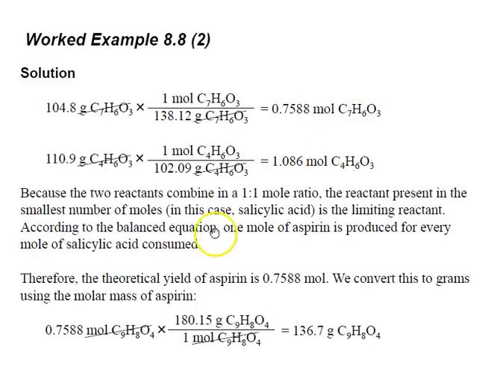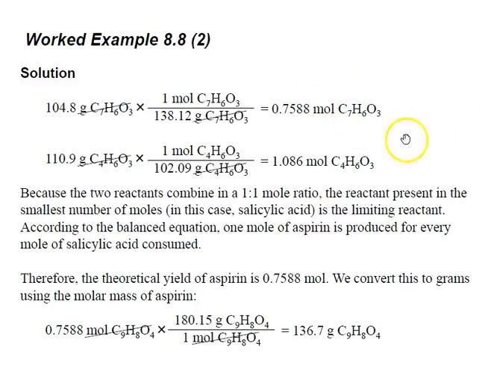According to the balanced equation, 1 mole of aspirin is produced for every mole of salicylic acid consumed. So it's real easy to go from moles to moles in this case, right? Therefore, the yield of aspirin is 0.7588 moles. So we take moles of salicylic times, if you wanted to show it, 1 mole of the acetylsalicylic acid over 1 mole of salicylic.